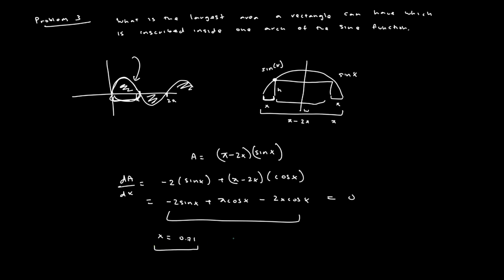So the maximum area you can get is pi minus 2 times 0.71, times sine of 0.71, and obviously this is in radians. That turns out to be around 1.12 square units.